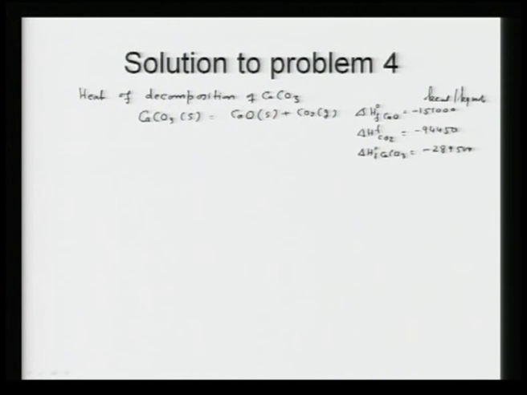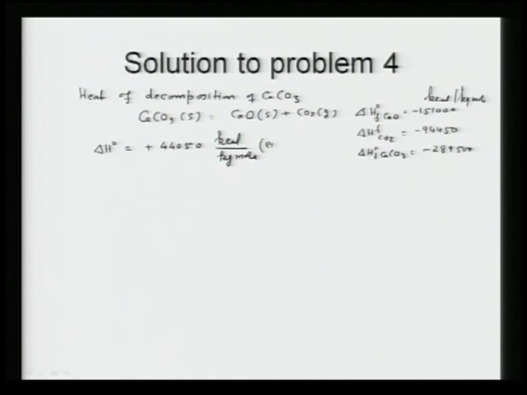If we calculate delta H naught for this decomposition, it comes to plus 44,050 kilocalorie per kg mole. Mind you, this is plus.